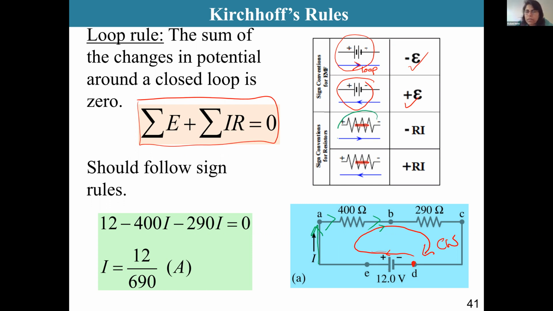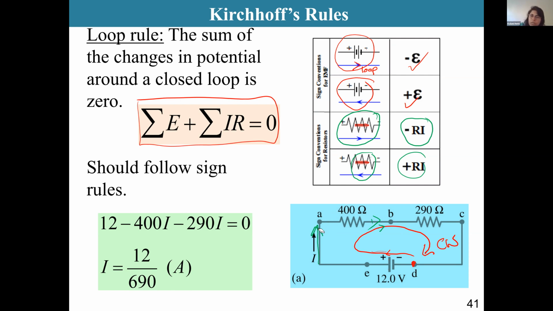When they are in the same direction, you subtract the voltage I times R, because you are going to drop the voltage when you pass from here to here, right? But if they are in opposite directions, you need to add it. Okay, that is the sign convention for solving complex circuits.